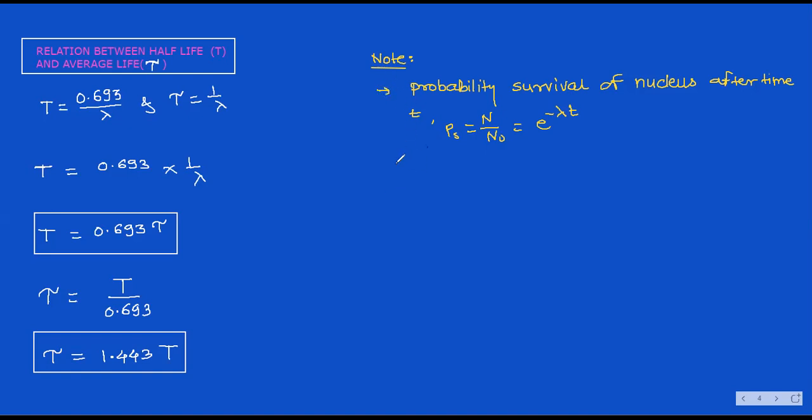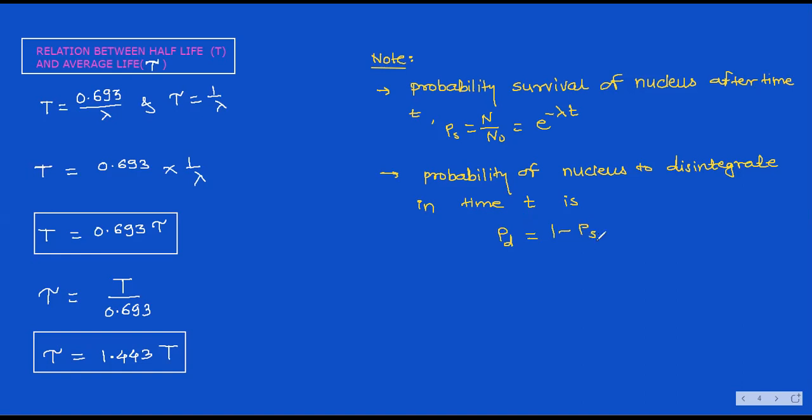This is for survival, okay? And next one, probability of nucleus to disintegrate in time t is P of disintegration is equal to 1 minus probability of survival.